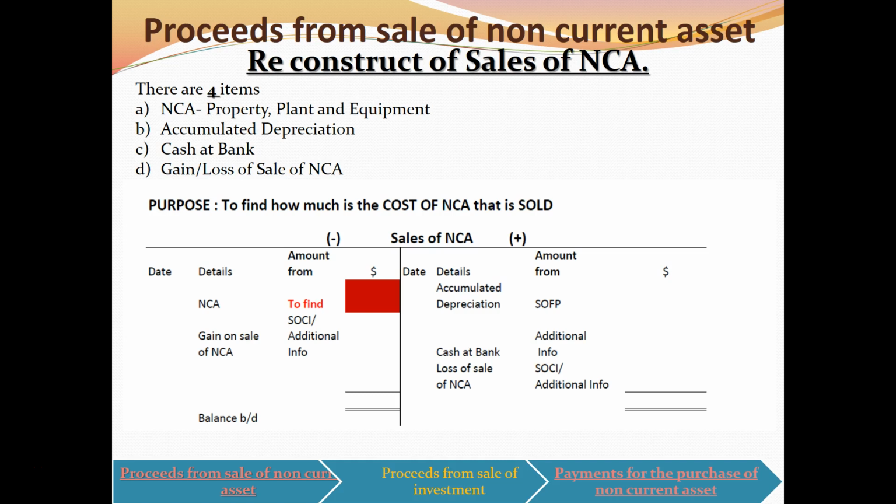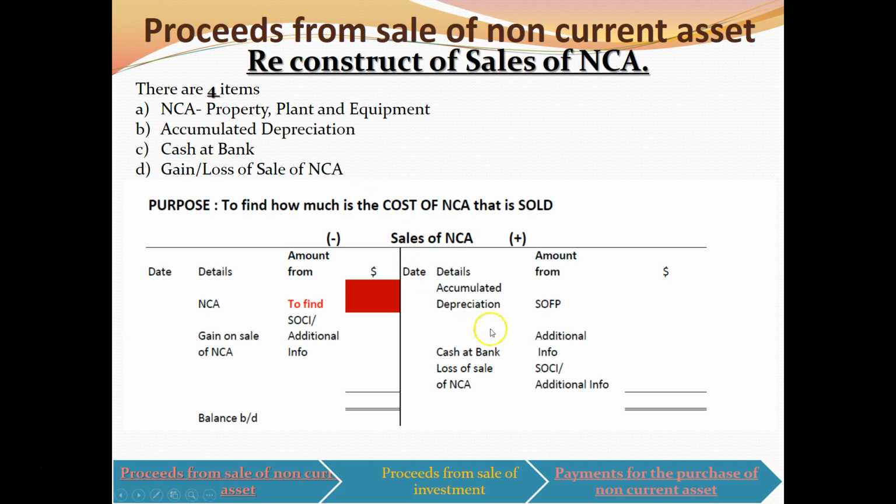We have to open the sales of non-current assets account. If you still remember in Year 11, this account was opened because we want to find the gain or loss on sales of non-current assets. The whole purpose is to figure out whether we make a gain or a loss when we sell our non-current assets.